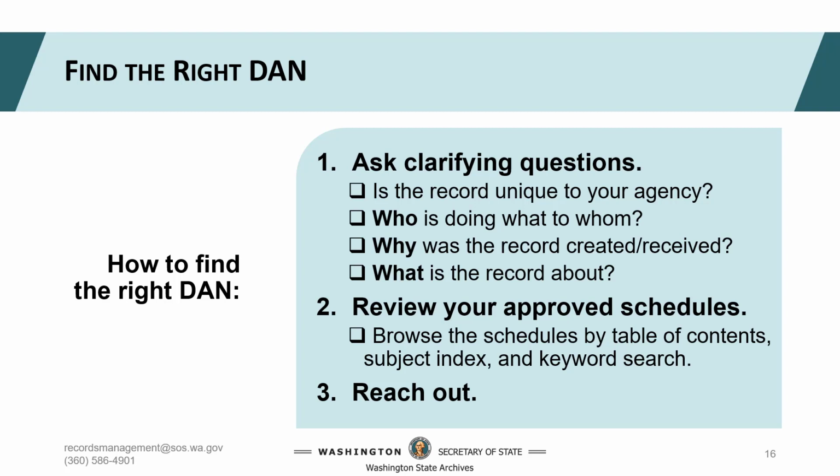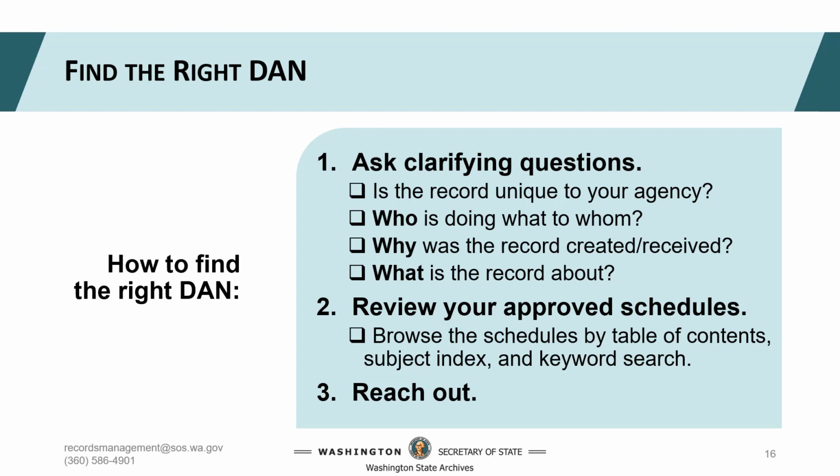It's important to understand that while you have hundreds of retention series options, the specific nature of your work will narrow down those options to something closer to a dozen. The first thing you want to do when faced with any retention determination is to ask some questions. Determining whether the record is unique to your agency will guide you to your general or agency-specific schedule.